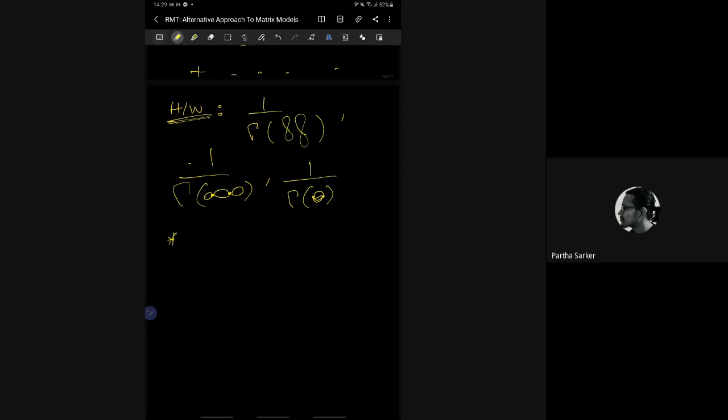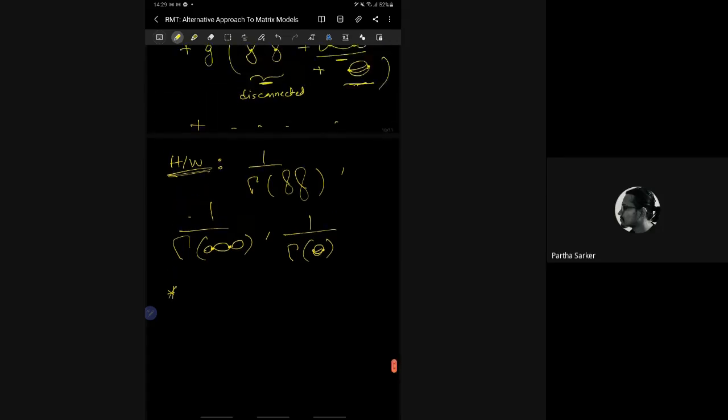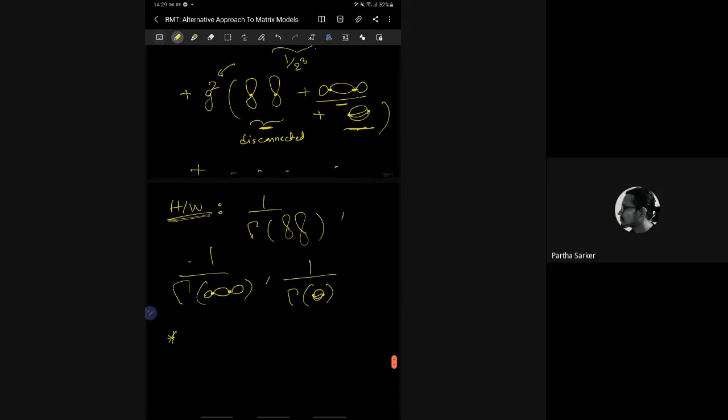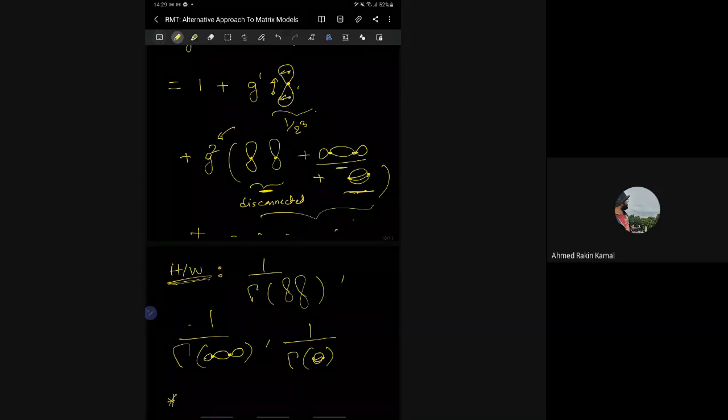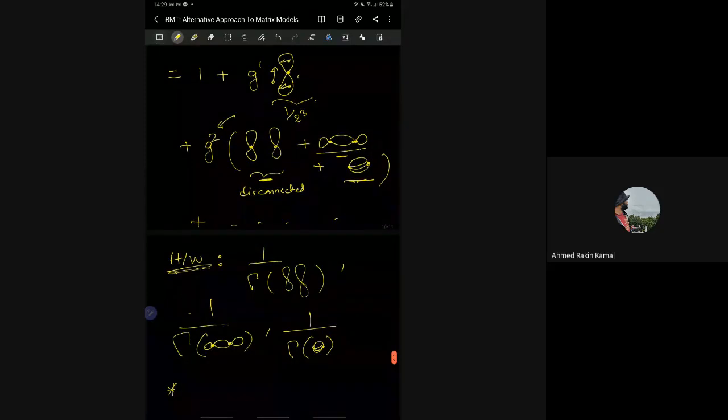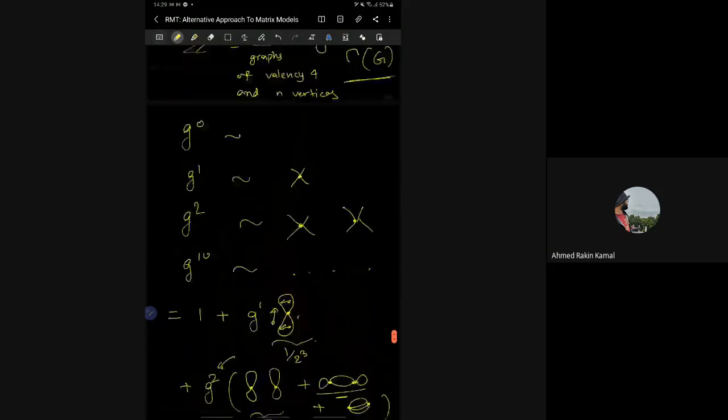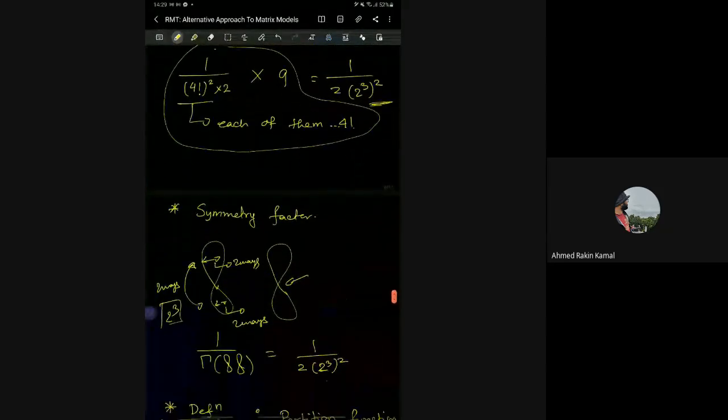I have another question. Do you sum up all the symmetry factors for different graphs when we calculate this line? Yes. For example, if you sum this up, you'll see what you get. For the first case, the homework I gave you, it's just this number. I think I've calculated it here. Yes.